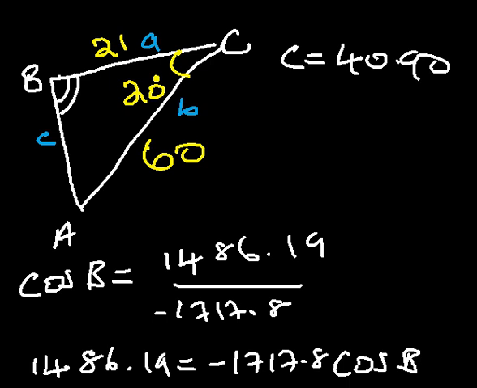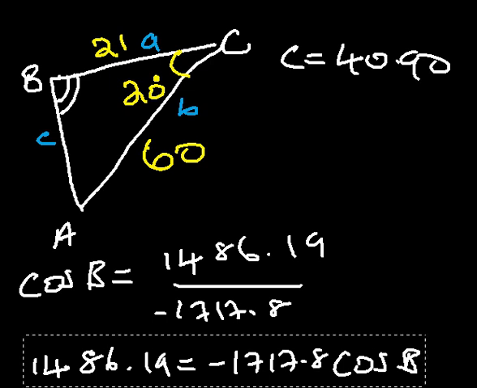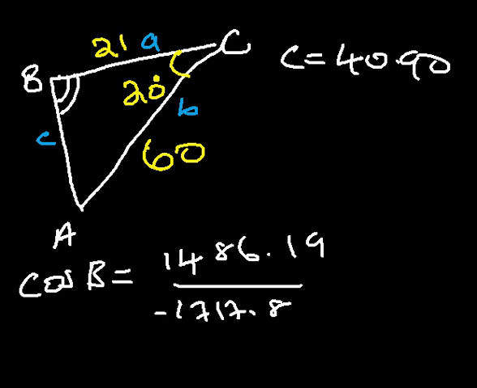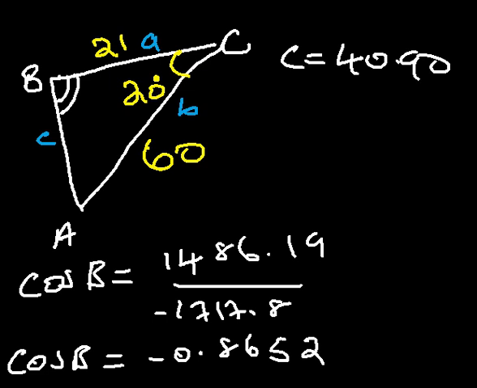And what is that? Now we have cos of angle B equal to negative 0.8652.